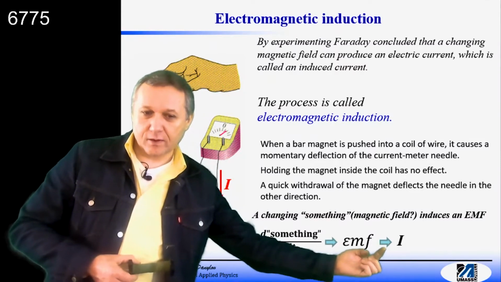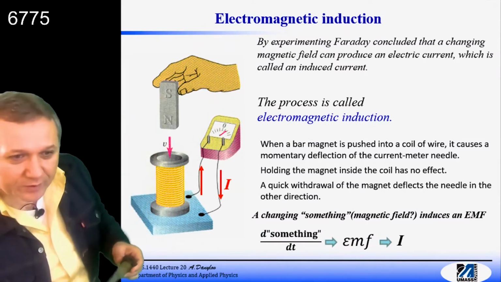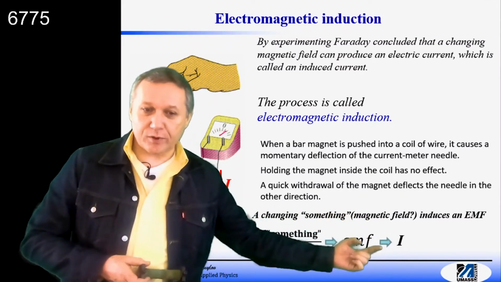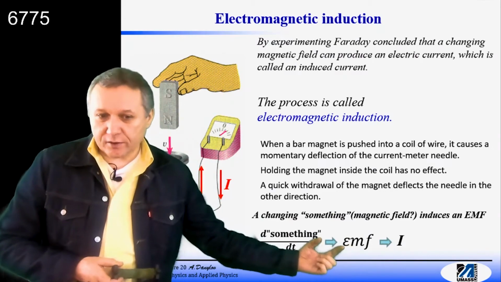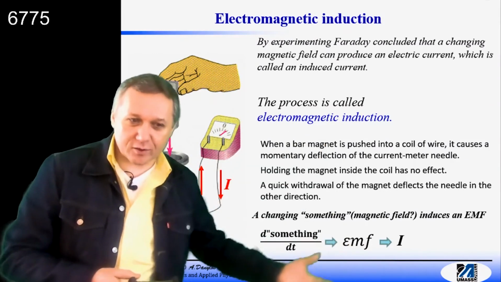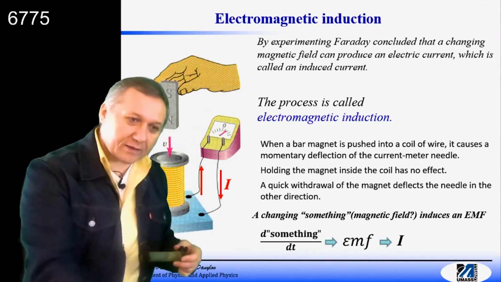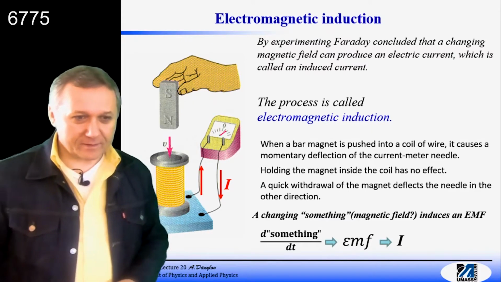And of course, if there is a current in the loop, it means that there is a potential difference, an EMF, because current is a consequence. Only if there is a potential difference in the loop does current flow.